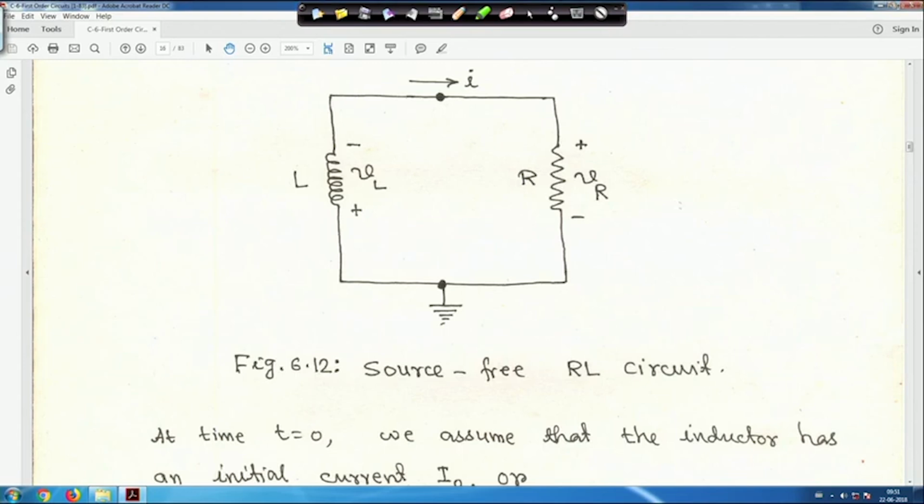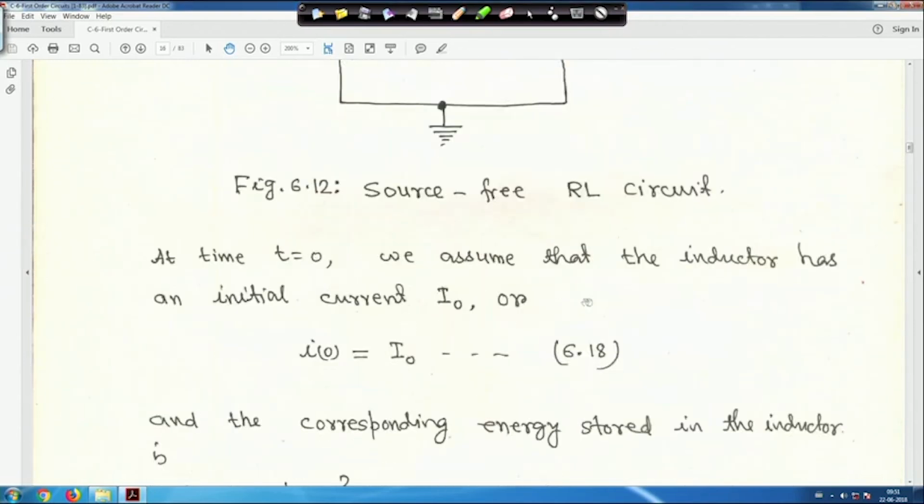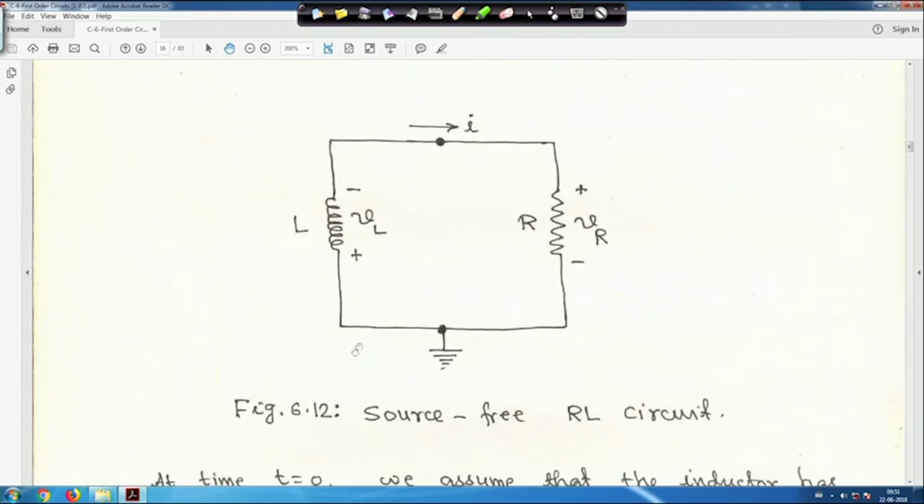So we assume that at time t equal to 0, the inductor has an initial current I0, capital I suffix 0, right. Or we can write small i(0), that is at t equal to 0, this current i is there all the time. Perhaps we are not writing i(t), but this current is actually i(t), right. So the initial current is i(0) equal to capital I suffix 0.